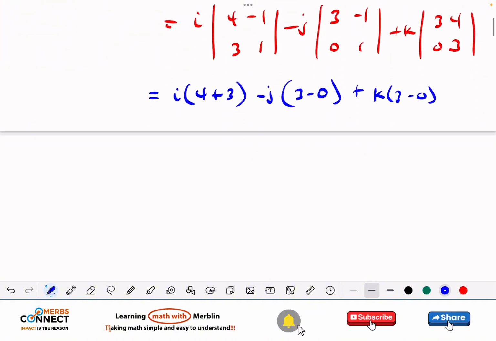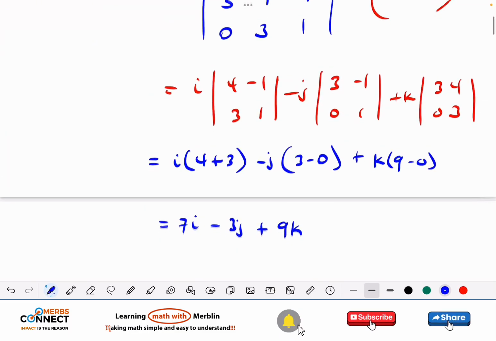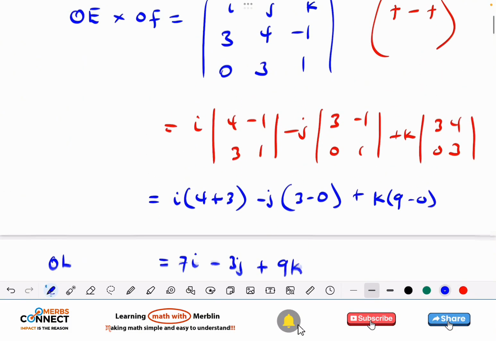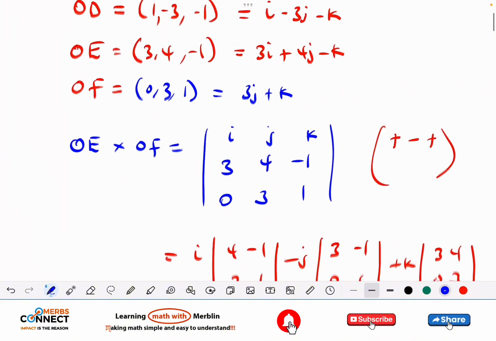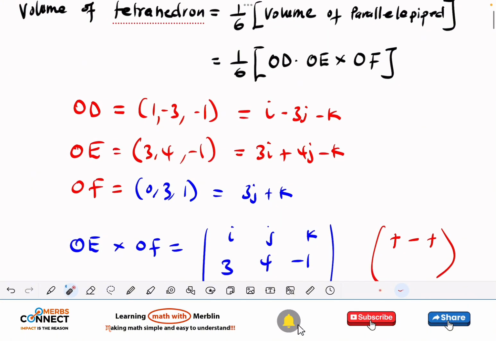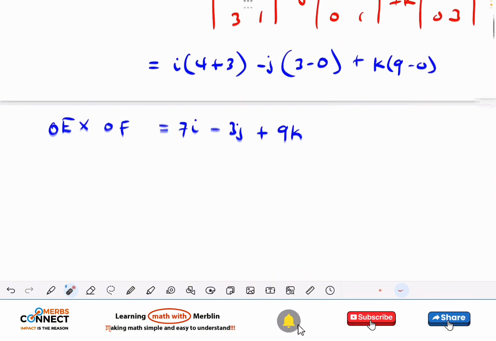So this is going to give us 7I minus 3J plus 9K. So this is for OE cross OF, right? Now, when we are done, we need to dot it with OD. So let's do that.